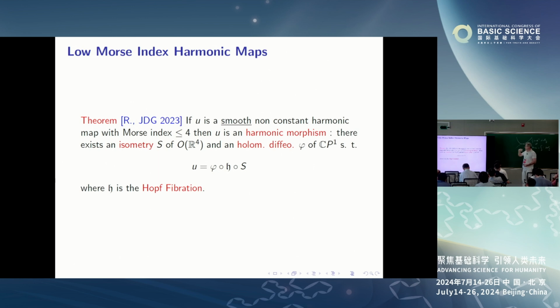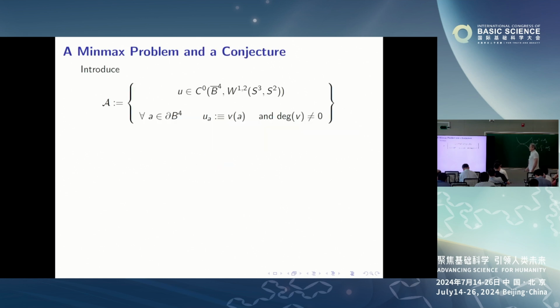Okay? So now we can imagine the same strategy as Marques and Neves. So let's produce a min-max adapted to this information. Which min-max do I propose? I propose the following min-max. Now I'm making it very explicit to everyone. You take continuous maps for the W^{1,2} topology from the closed 4-dimensional ball into W^{1,2}(S3, S2).